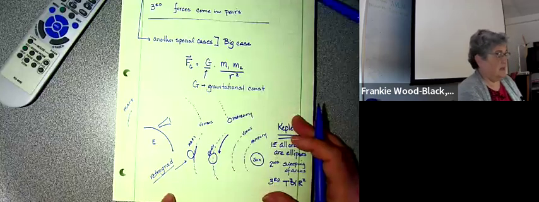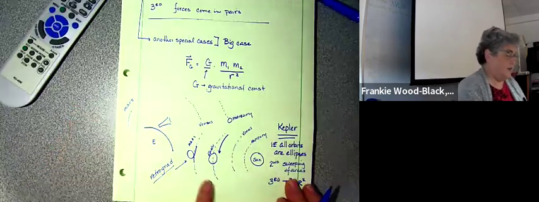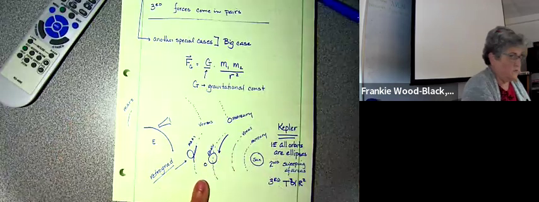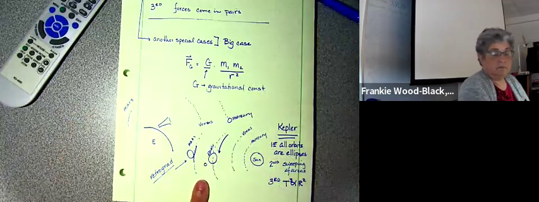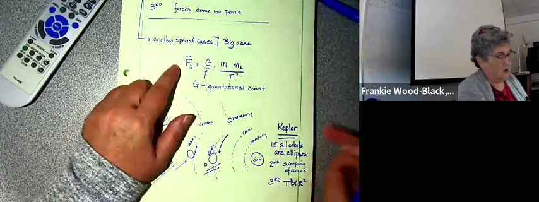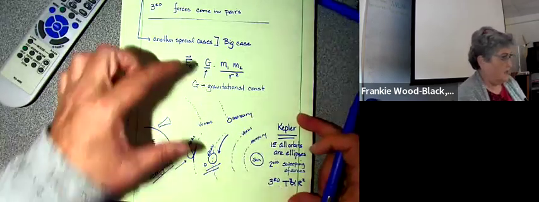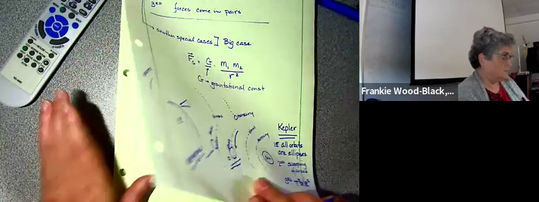So Kepler's doing this. Newton is trying to look at these observations and explain the Earth-Moon system. So that's what Newton is doing. He's trying to deal with the Earth-Moon system. And so he's trying to come up with a way to explain these laws to look at the Earth-Moon system.